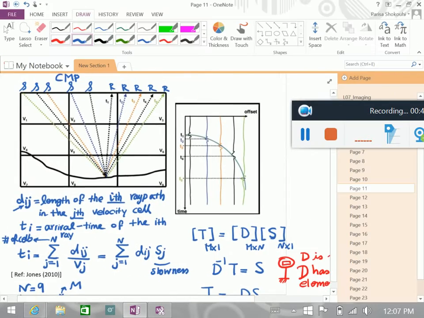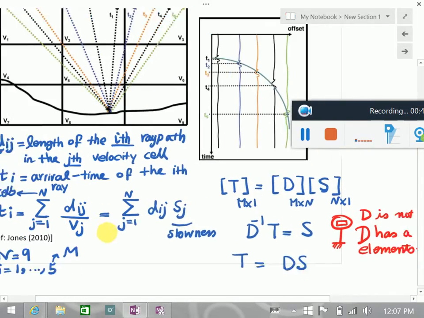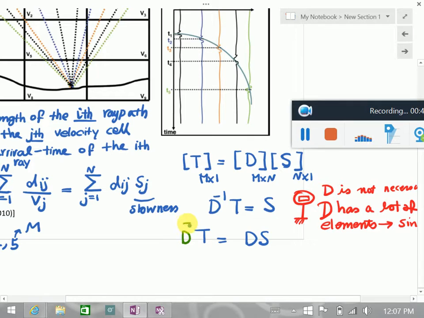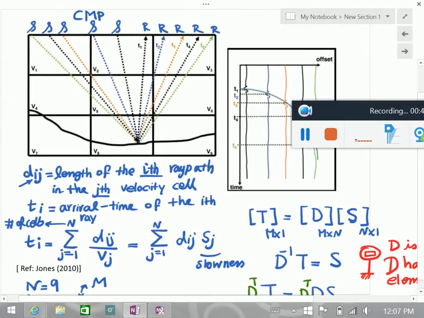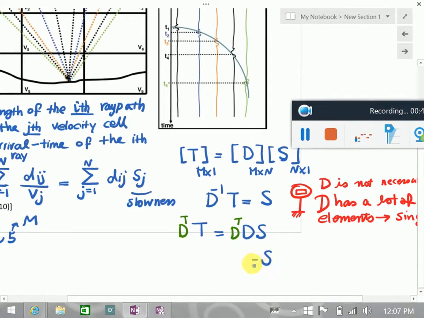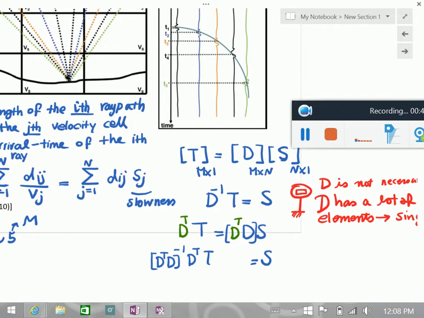You just multiply both sides by the transpose of D. Then S is the inverse of this one, which is 100% symmetric, always. But because of all those other issues, even this matrix DTD is typically not invertible.